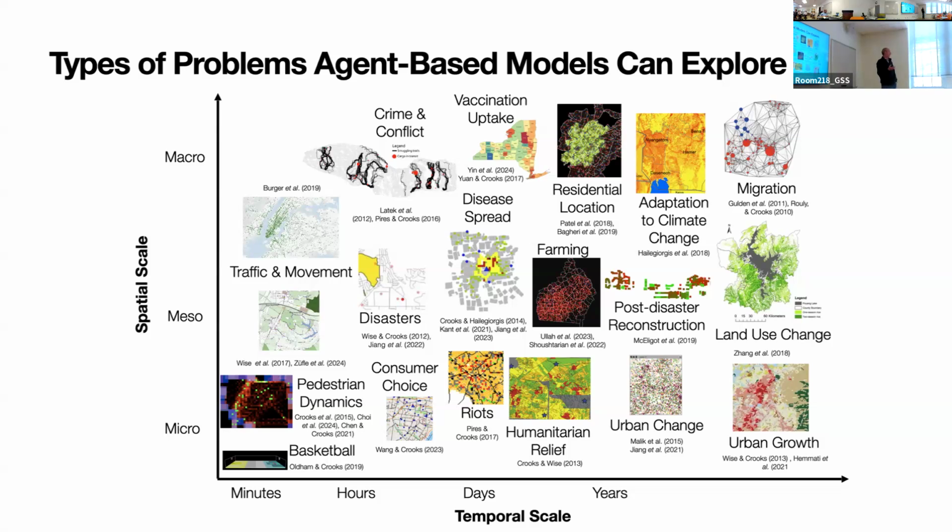Where will people migrate to? How will farmers adapt to different types of climate and climate change? How will disease break out, if cholera breaks out in a refugee camp? How might it spread? And nearly anything in between can be modelled through these types of things at different spatial and temporal scales.